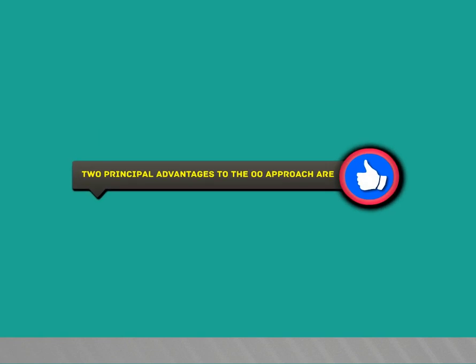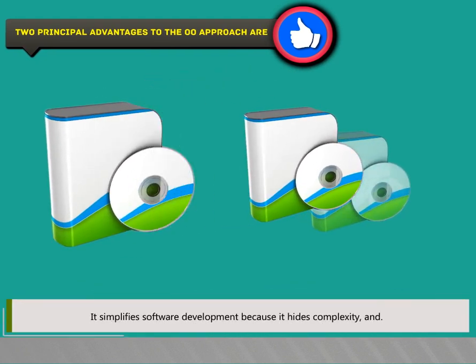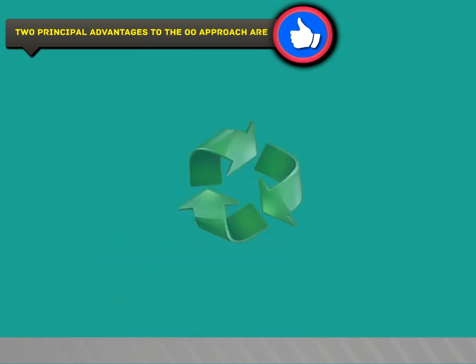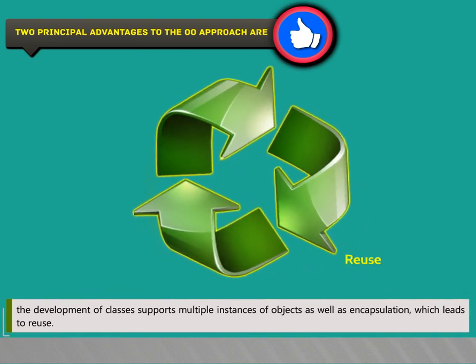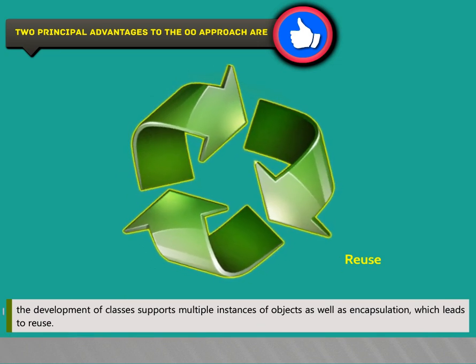Two principal advantages to the OO approach are: it simplifies software development because it hides complexity, and the development of classes supports multiple instances of objects as well as encapsulation, which leads to reuse.